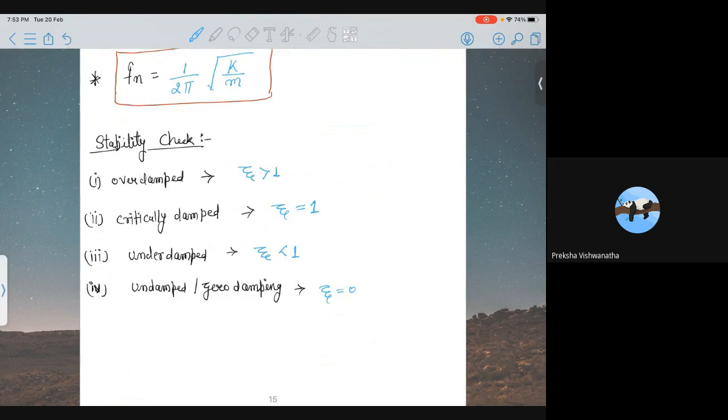So this is the way to calculate the stability, to calculate the value of zeta, and by using this zeta we can say whether the system is overdamped, critically damped, underdamped or undamped.